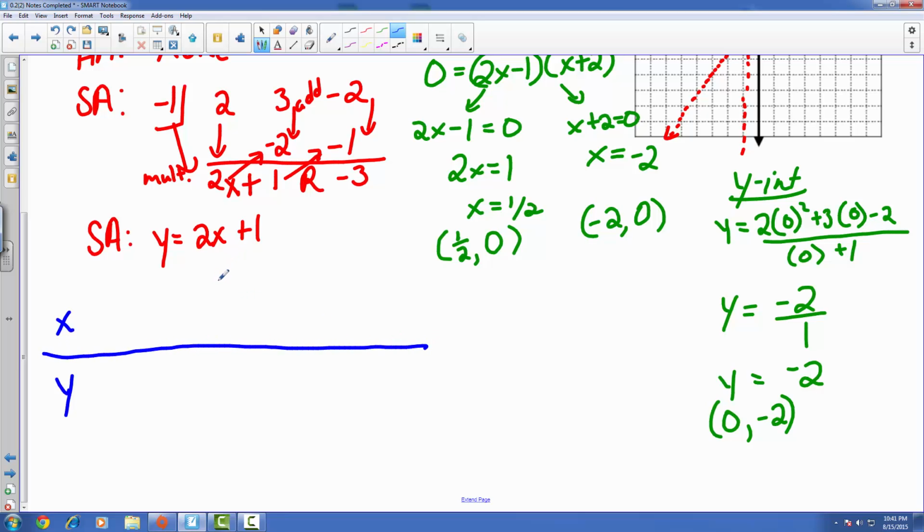Let's go ahead and choose some x values to the right of our vertical asymptote. We already have 0, -2, so maybe we'll do 1 and 2. So these are to the right. For the left, we already have -2, so we can do -3 and -4.